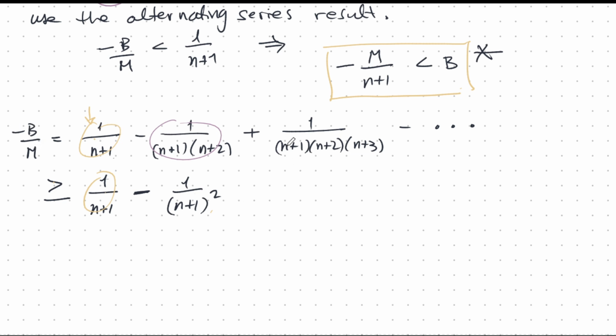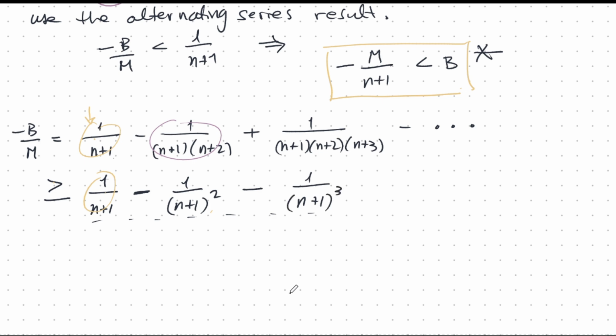Now here I can just change this to a negative, and right away I'm going to get something which makes this sum I'm working on smaller than minus b over m, 1 over n plus 1 cubed.